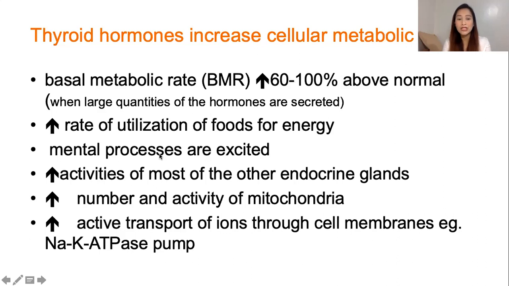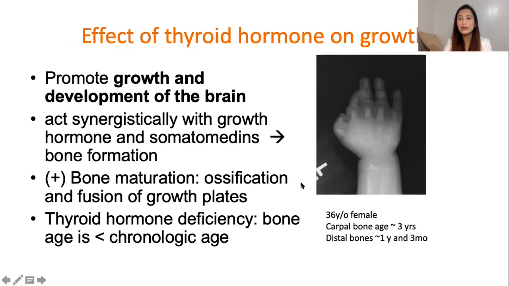It also increases active transport of ions through cell membranes through the sodium-potassium ATP pump, and I think this also contributes to the increase in activities of most other endocrine glands. So your thyroid hormones really affect the whole body. That's why patients with hyper or hypothyroidism will have systemic manifestations.